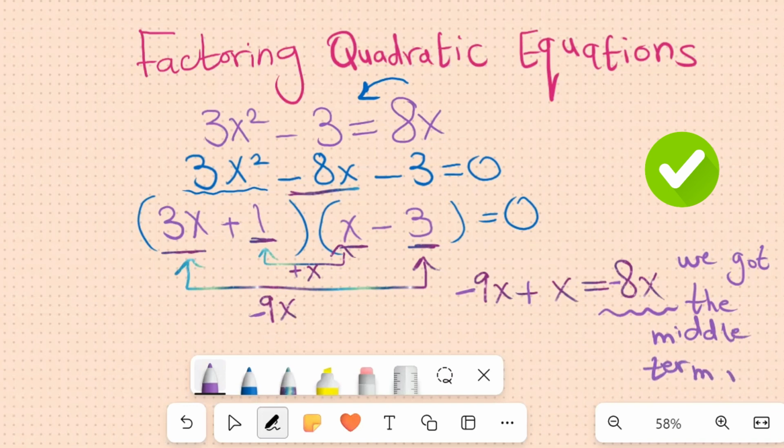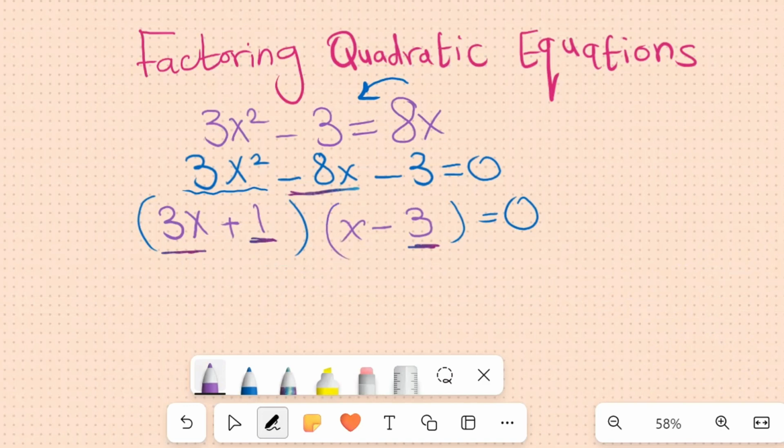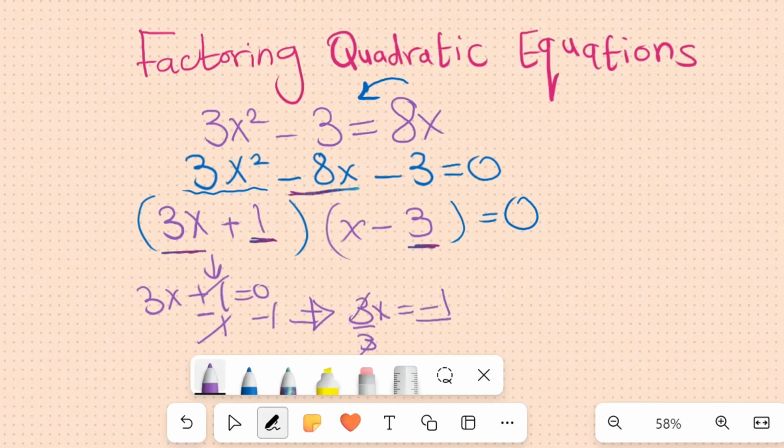We're going to start now by solving the first bracket, which is 3x plus 1 equals 0. We're going to move the 1 to the other side by doing the opposite operation, negative 1 there. 3x equals negative 1. And then we're going to divide by 3 on both sides.